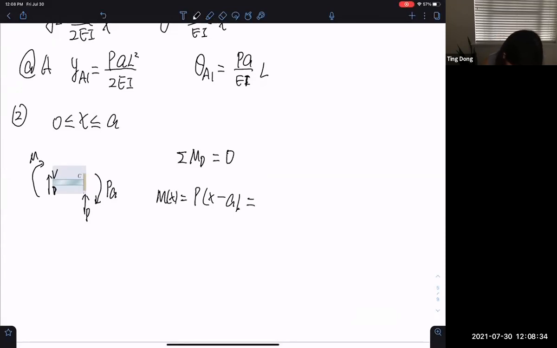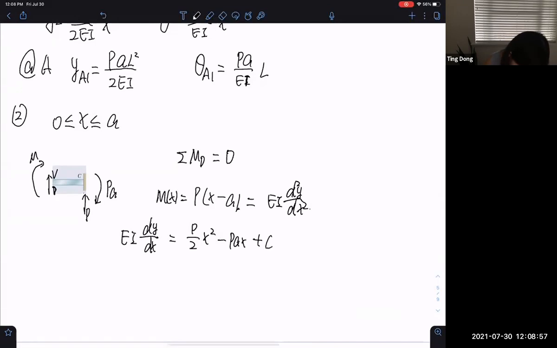So this is equal to EI d²y/dx², and integrating once we get dy/dx. EIy is equal to P/6 x³ + C1x + C2.